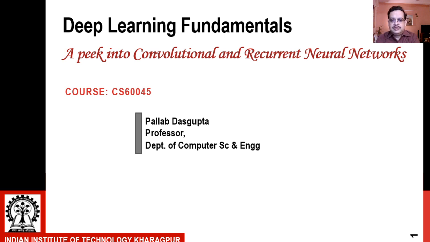So in the last lecture we had a peek into neural networks. We saw how in a neural network we can train the network by presenting it with the sample training data, and for each data we observe the output of the network and compare that with the golden output, because it's a supervised learning system.